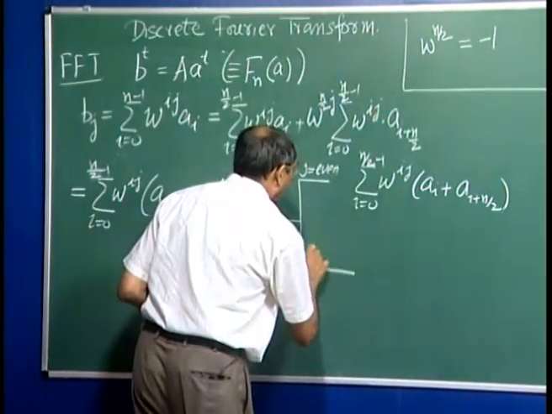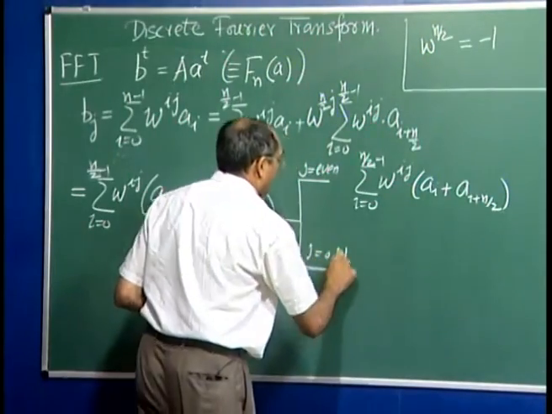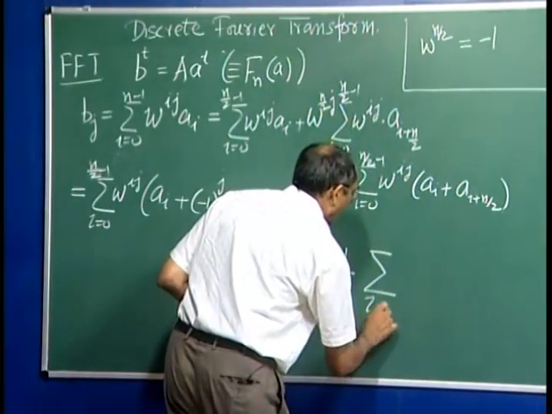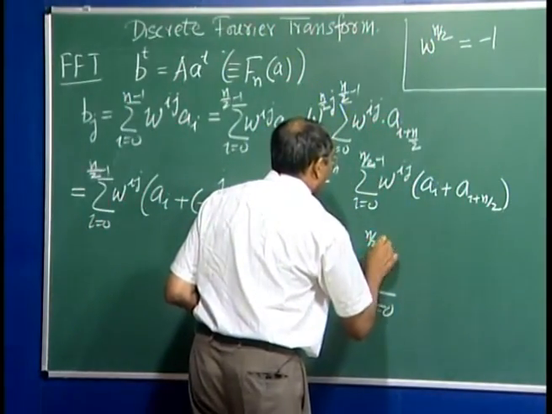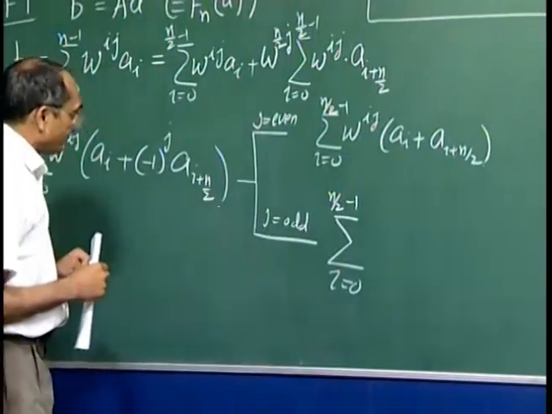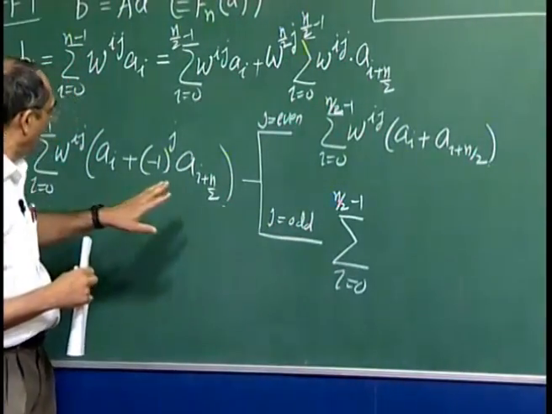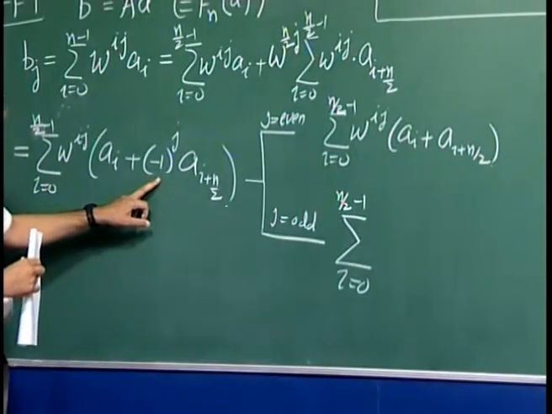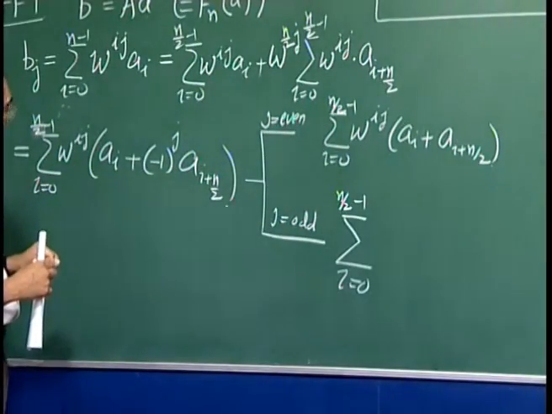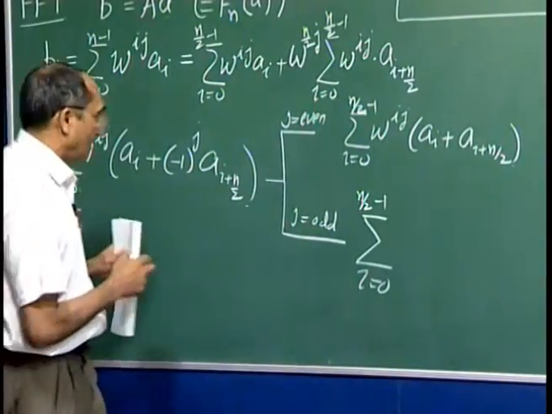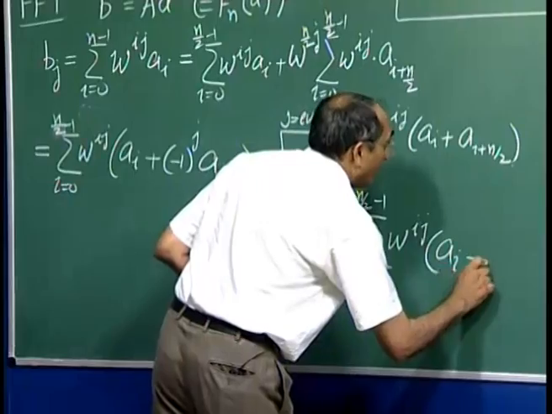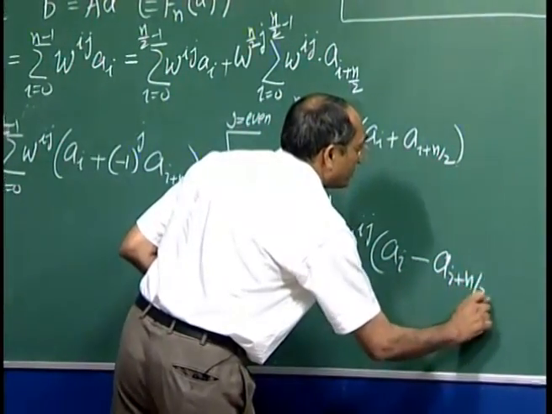In case when j is odd, we will have this sum, i going from 0 to n by 2 minus 1, and this quantity is minus 1. We are going to write w^(ij) times (a_i minus a_(i plus n by 2)).